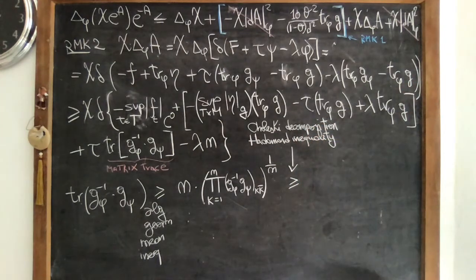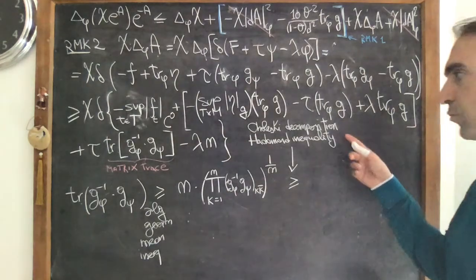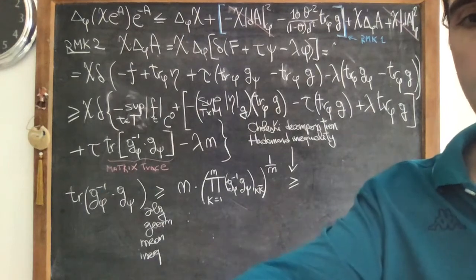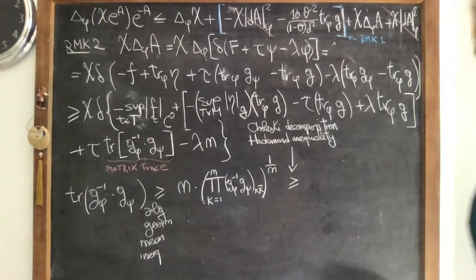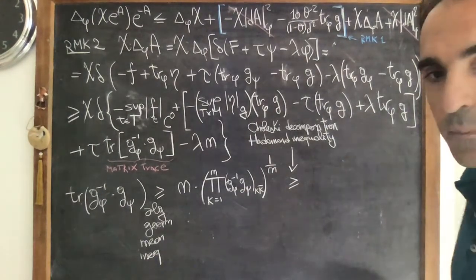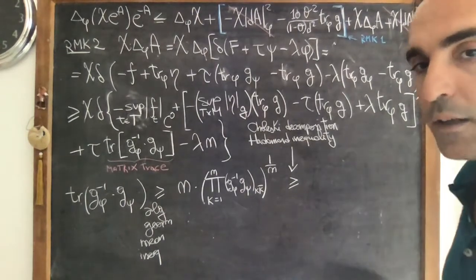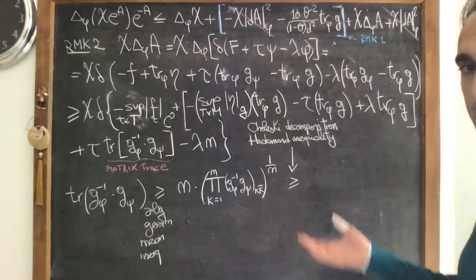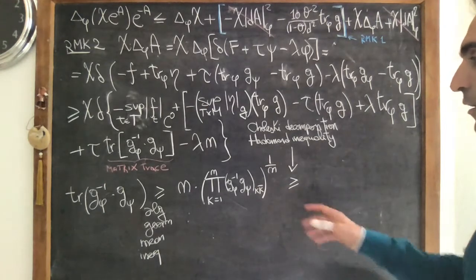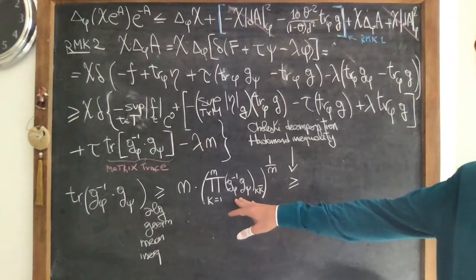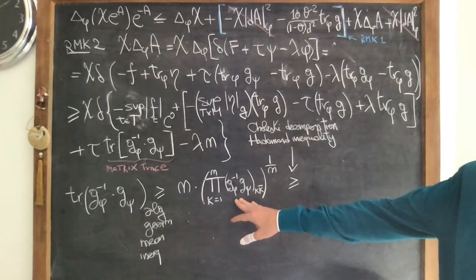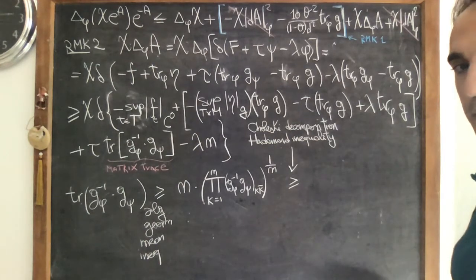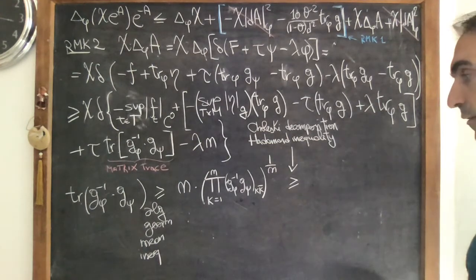And the combination of those two results together, they say that for a Hermitian positive definite matrix, the product of the elements in the diagonal is bigger or equal than the determinant of the matrix itself.